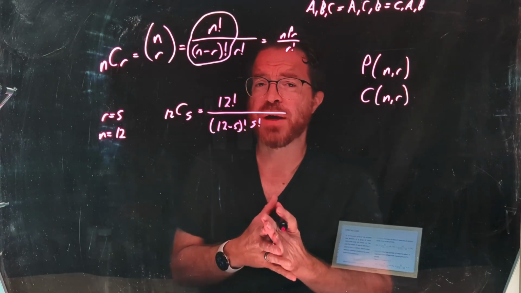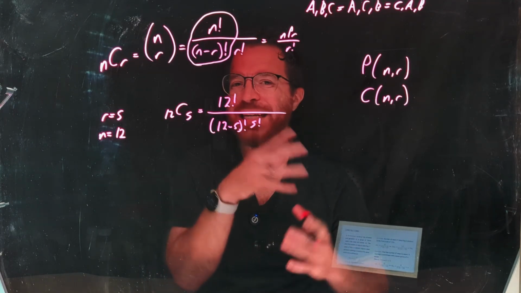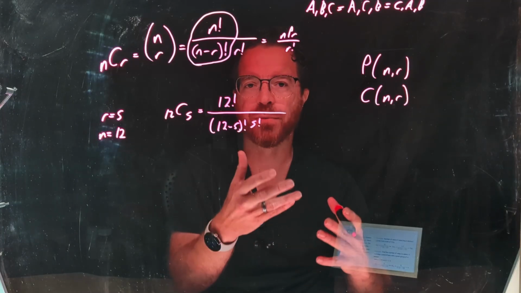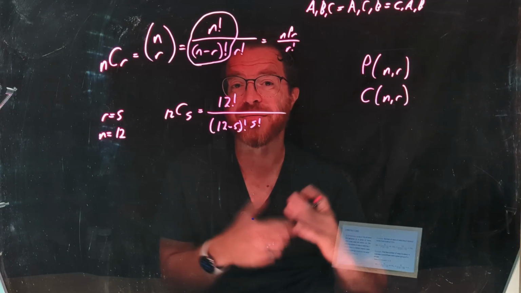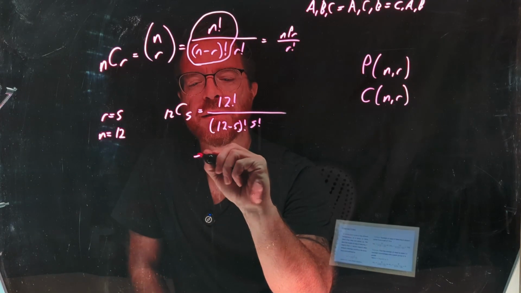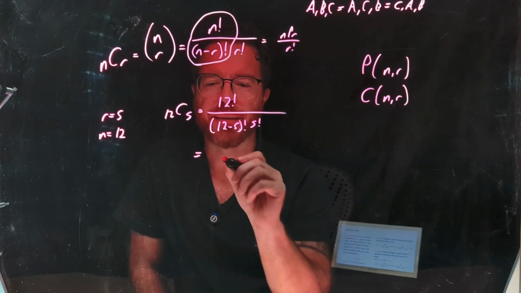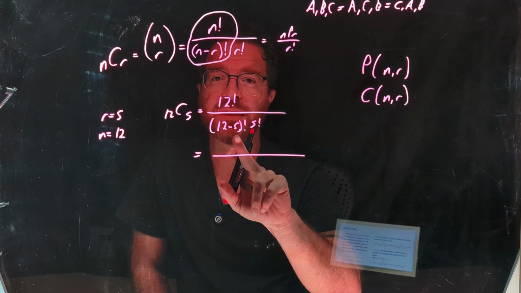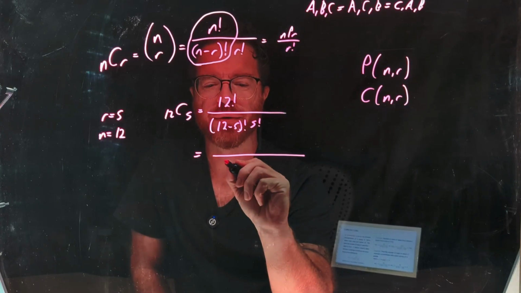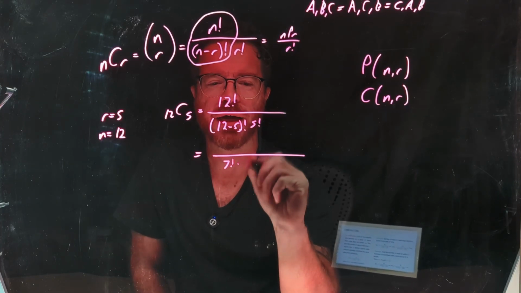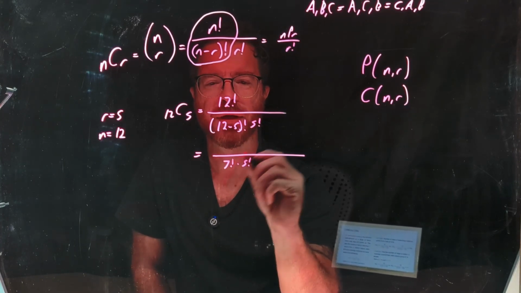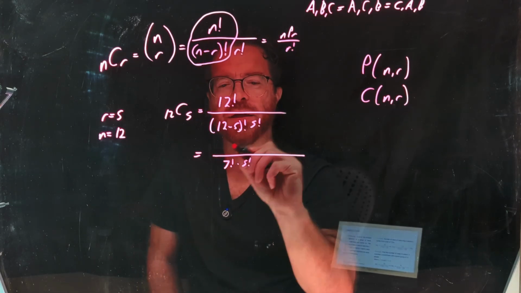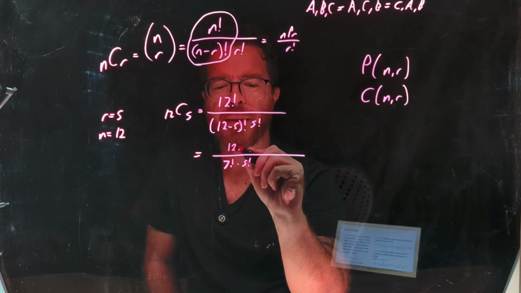And now I'm going to show you how you could actually solve this by hand, even if you didn't have a calculator. And this is where the rules of factorials actually come in very handy. So first things first, I'm going to write down the bottom. So I have 12 minus 5 is going to give me 7 factorial times 5 factorial. And then I'll leave this 12 factorial for now.